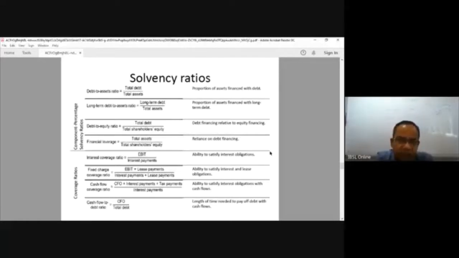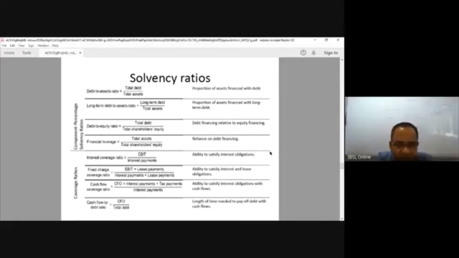Okay, interest coverage ratio. That's an important ratio, right? There are many ways of calculating it. One of them is this. The purpose is to see whether, from the operating income or operating profit of the business, the business can pay the interest.